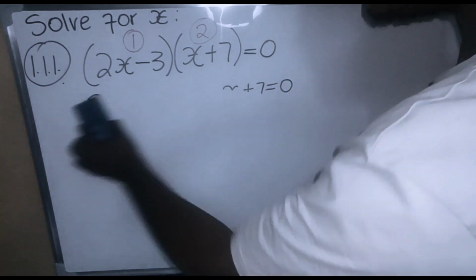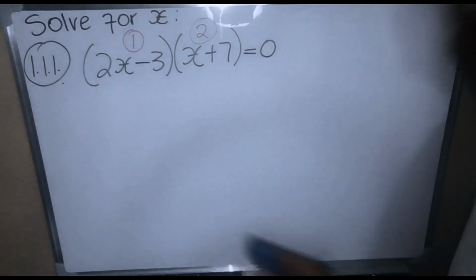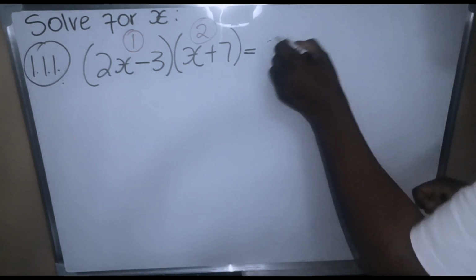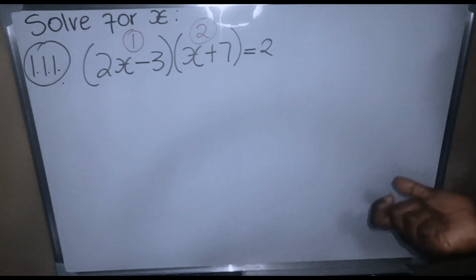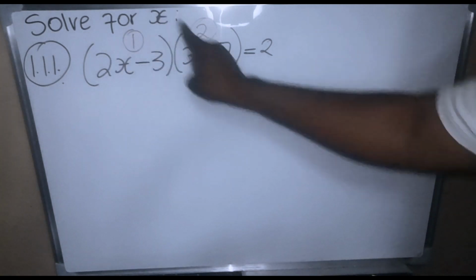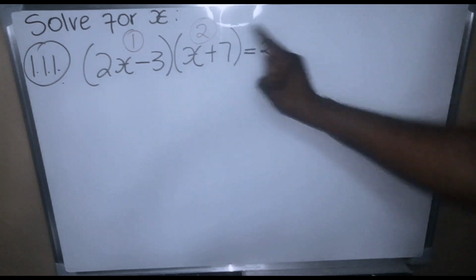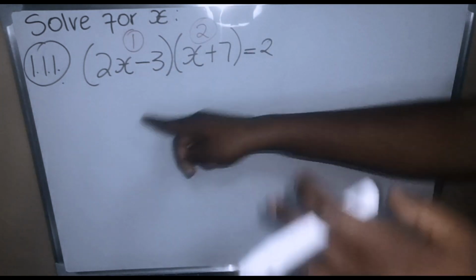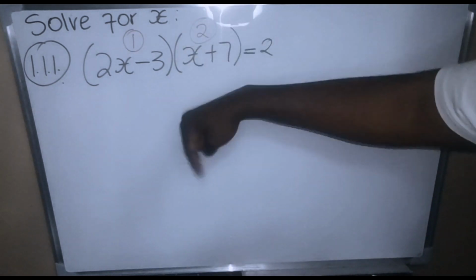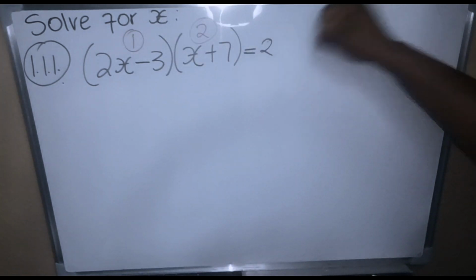This only applies when it's 0. But if it had been, maybe, 2 here, or any number besides 0, you are going to be forced to use FOIL. Multiply the brackets out, and after you've multiplied the brackets out, you're going to transpose this 2 to the left and be left with 0 on the right.